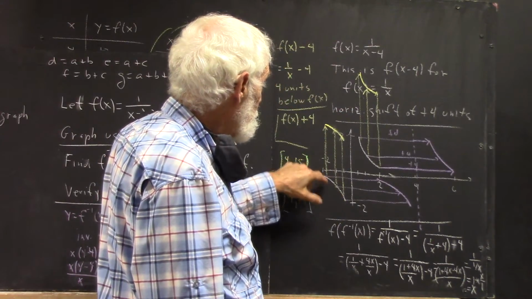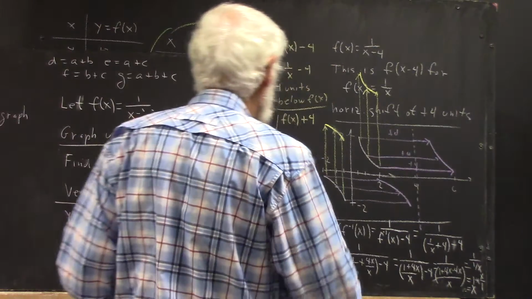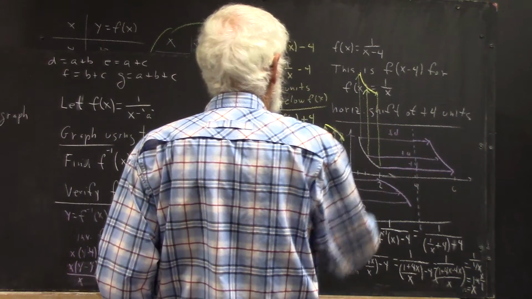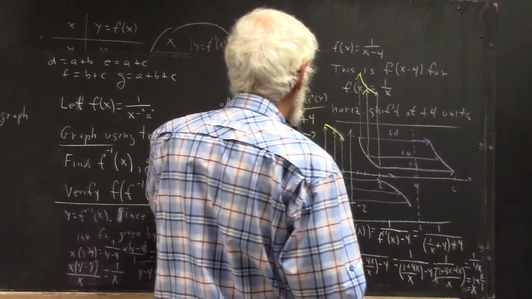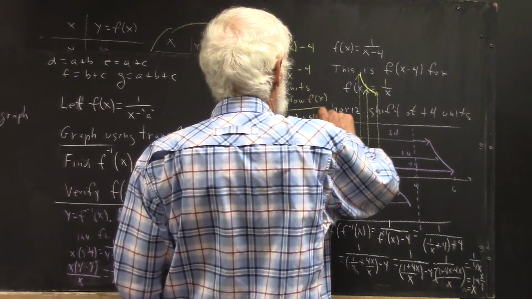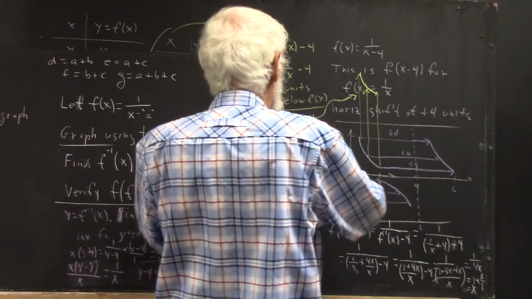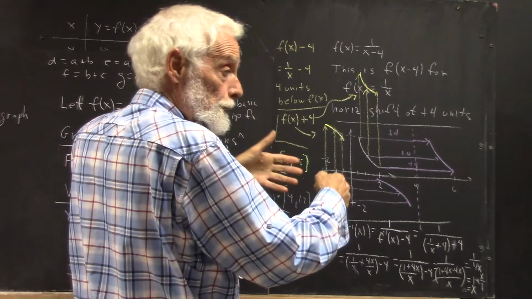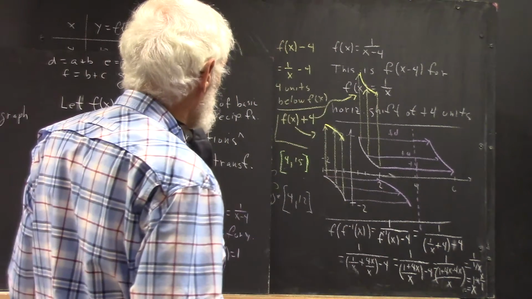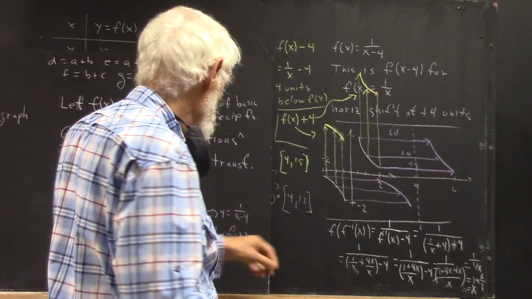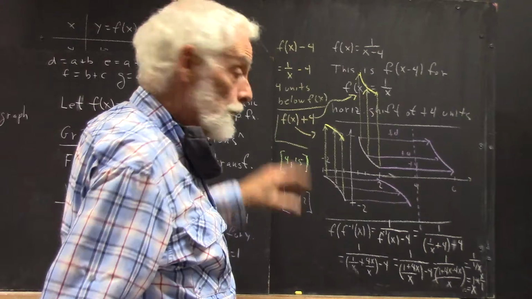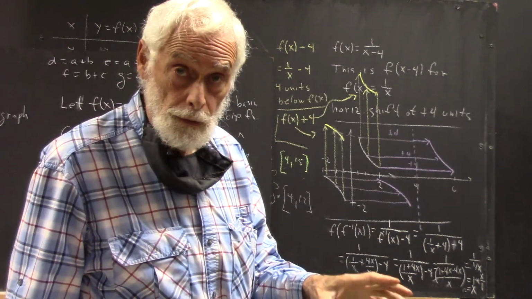So every point of the graph of f of x gets raised 4 units to give you the graph of the function f of x plus 4. That's not f of quantity x plus 4, and you really need to look again, if you're not clear on this, at the material on transformations.